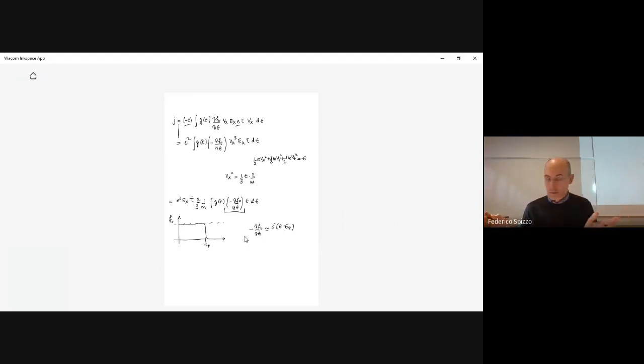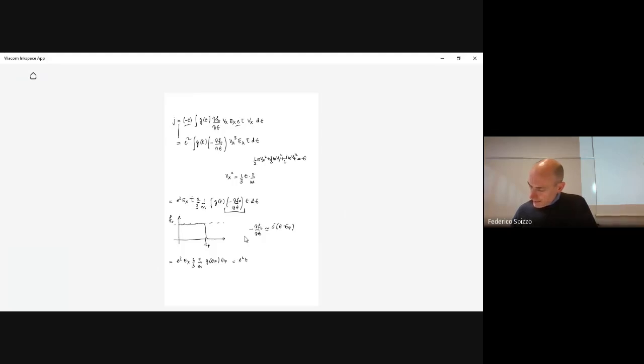is different from 0. According to that, we have that the integral is E squared Ex 2/3 relaxation time divided by the mass, G evaluated at EF times EF.